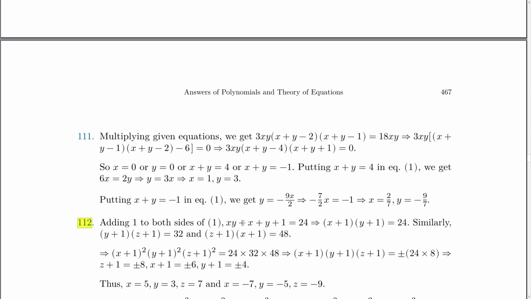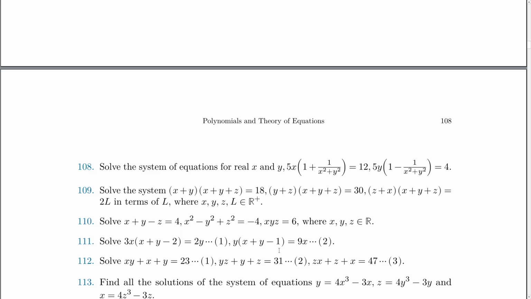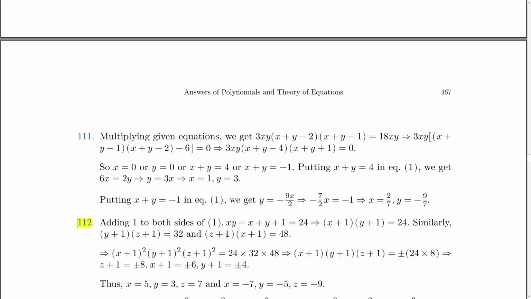So we get xy + x + y + 1 = 24, that is (x + 1)(y + 1) = 24. We also add 1 to the second equation. We get (y + 1)(z + 1) = 32. It was 31, now 32, and this will become (z + 1)(x + 1) = 48.